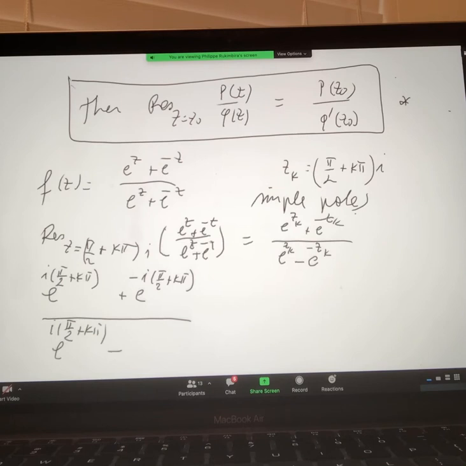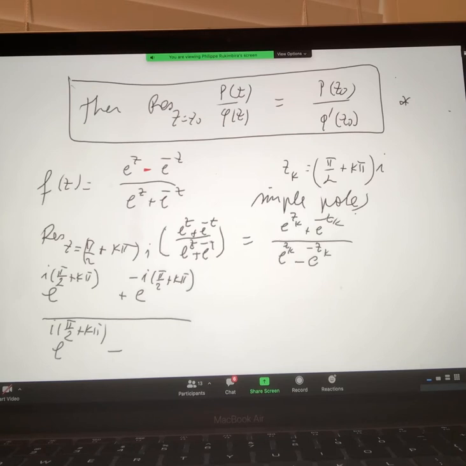I did something wrong. Let me see what I messed up. Because it was supposed to be something simple. That's right, micron. So here I'm dealing with this. This should be a negative.